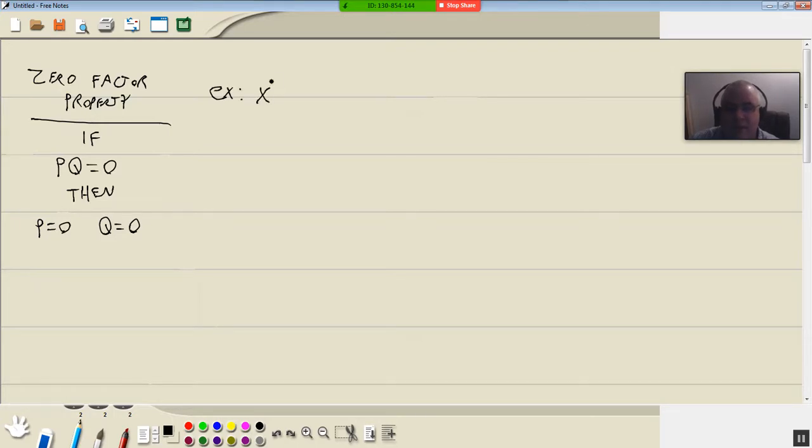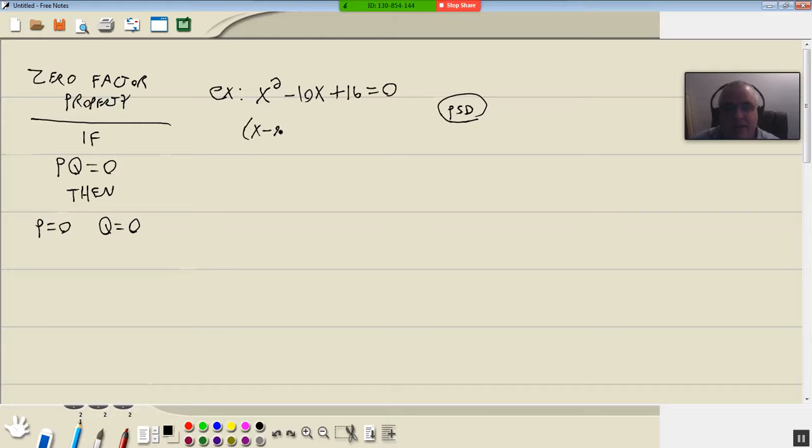So if I had, for example, x squared minus 10x plus 16 equals 0. Now our zero factor property. The name tells you what to do. Zero: you have to get 0 on one side, which we have. Factor: that says to factor the other side. Well, this will factor using the PST method.